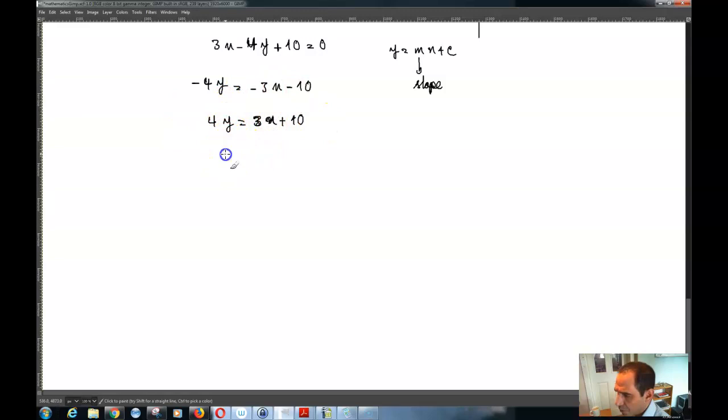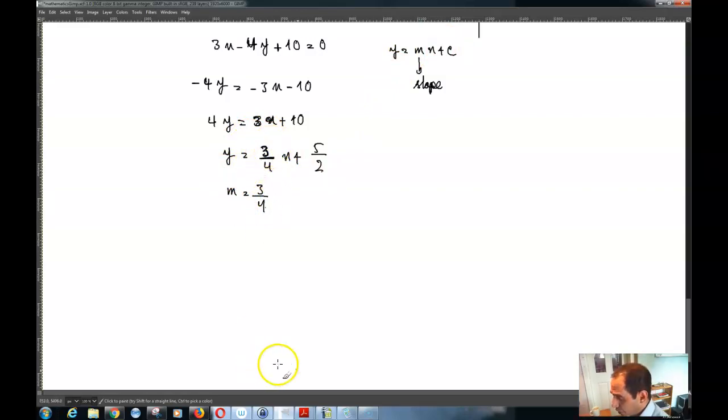You would get y is equal to 3/4 x plus 10 divided by 4, which is 5 divided by 2. And so then you could conclude that your m is equal to 3/4. If you compare this equation with this equation, then you know that your slope is 3 to 4 or 3/4.